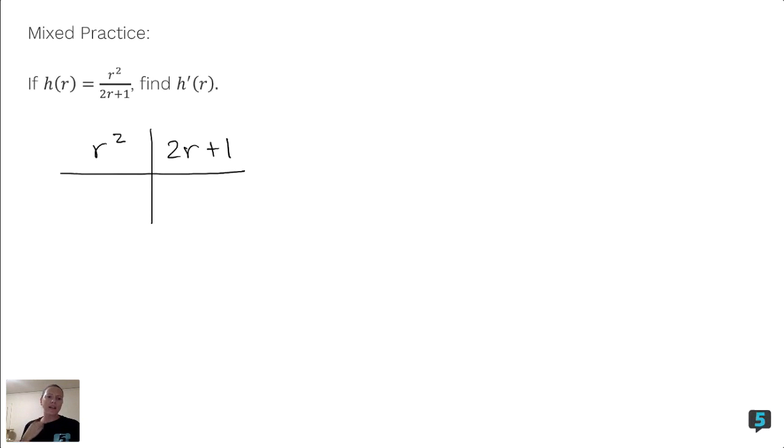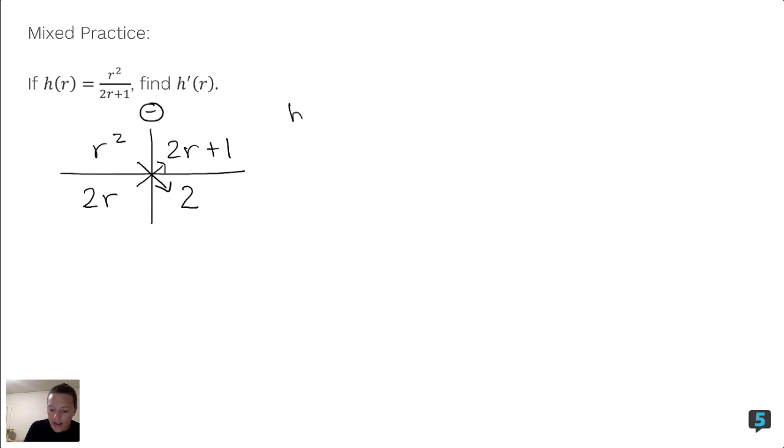All right, let's go back to this problem. We had r squared over the quantity 2r plus 1. So the derivative of r squared is just going to be 2r, and the derivative of 2r plus 1 is just going to be 2. So remember, we are using quotient rule, so when we criss-cross, we've got to remember our minus, and we have to remember that original denominator squared.